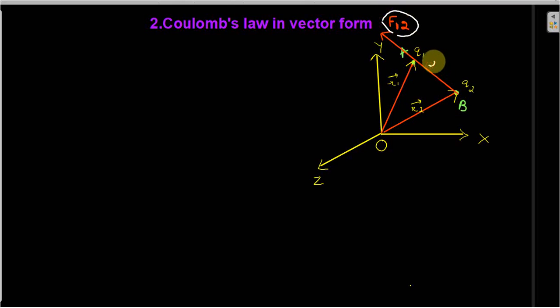That time you are moving from 2 to 1. The force direction is from B to A. So we will write from second to first. It is moving from second to first, so we will put an arrow here. So this is a resultant of this triangle, this white color.